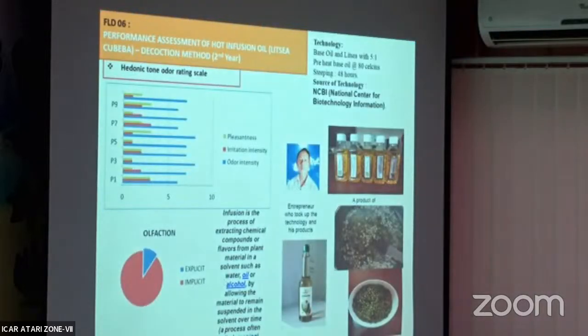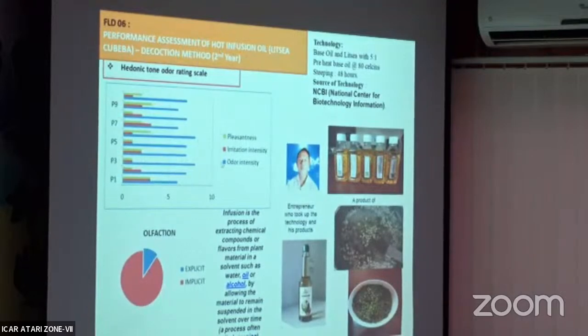And the next one is performance assessment of hot infusion oil in Lycia QB using the Coxon method. Here we have a base oil, and with Lycia we treated it at the rate of 5:1. This Lycia QB is growing wildly. It is underutilized. So our home scientists made this hot infusion oil.